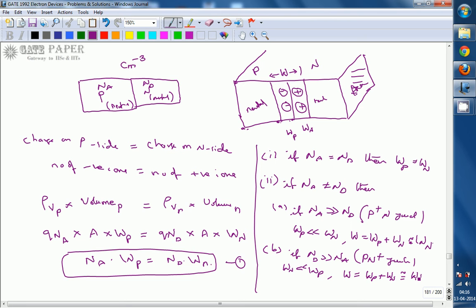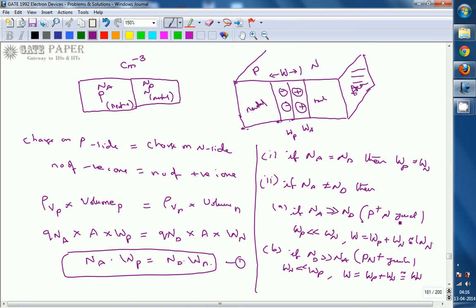So if the p and n sides are uniformly doped, the depletion layer penetrates equally on both sides. If the p side and n side are unequally doped, whichever is lightly doped, the depletion layer penetrates more into that side. So the important point is the depletion layer penetrates more into the lightly doped side.